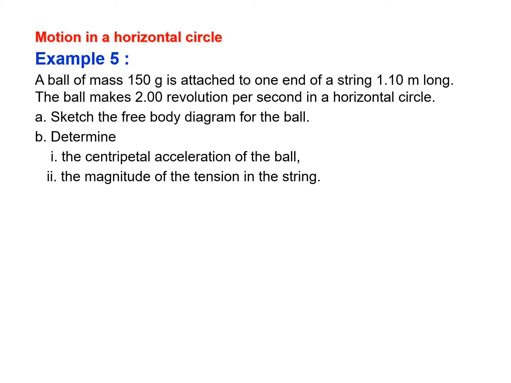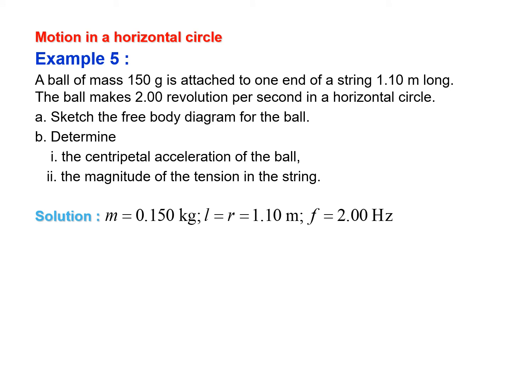They want you to sketch a free body diagram and then determine the centripetal acceleration and the magnitude of the tension. Based on the information given, the mass is converted into kg, the length is equivalent to the radius, which is 1.1 meter, and 2 revolutions per second is the frequency.